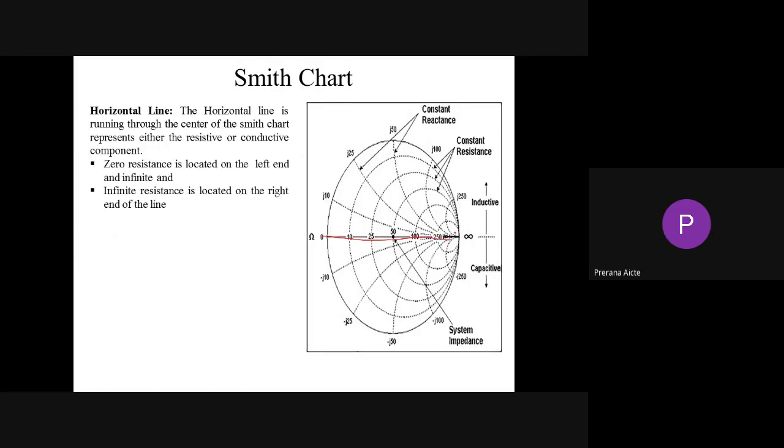This is the horizontal line, and these are the circles, and these are the half circles. The circles end at the horizon. Now, this horizontal line is running through the center of the Smith chart, representing either the resistive or conductive components.